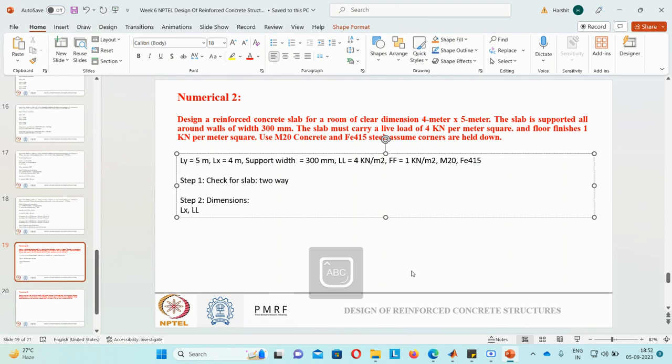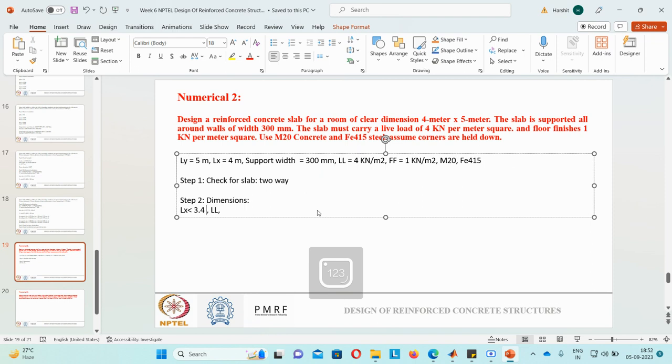If my length of shorter span is less than 3.5 meter and my live load is less than or equal to 3 kilonewton per meter square, then we need to use the clause. I will just mention it here so that later on it is easy for you to recall.